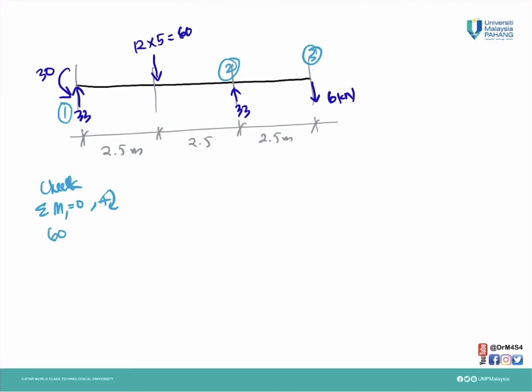So 60 times 2.5 minus 33 times 5 plus 6 times 7.5 minus 30, this equals 0.